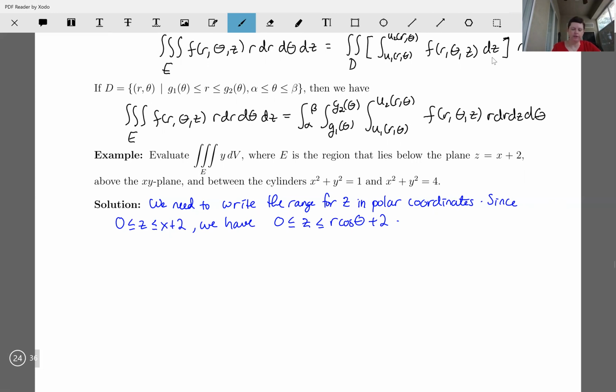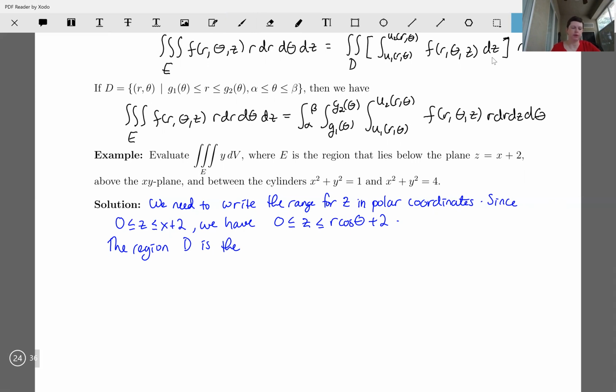Now our region D is the region we get when we project down onto the xy plane. We end up with two circles.